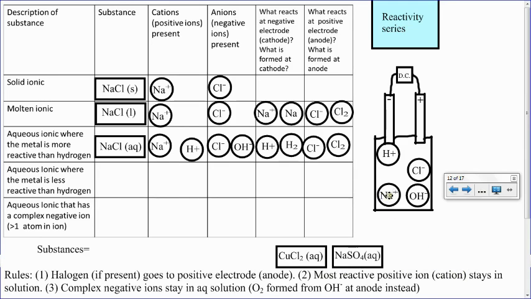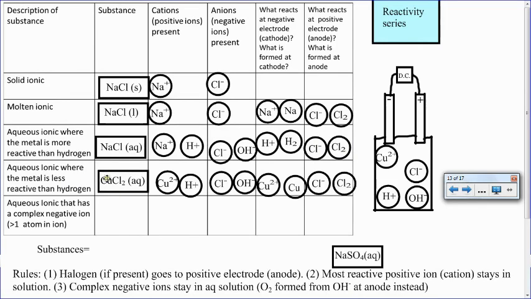We said that sodium is more reactive than hydrogen, so the sodium stays in solution. The hydrogen is what reacts at the negative electrode and will gain an electron from the negative electrode and can then form the hydrogen molecule. Those electrons are used to form a covalent bond between two hydrogen ions to bond them together into a hydrogen molecule. At the other electrode, same as before, chlorine ions form chlorine, the element.